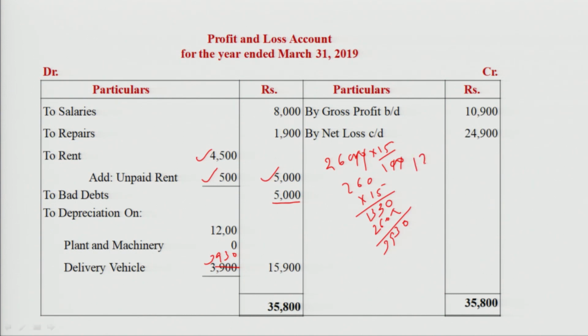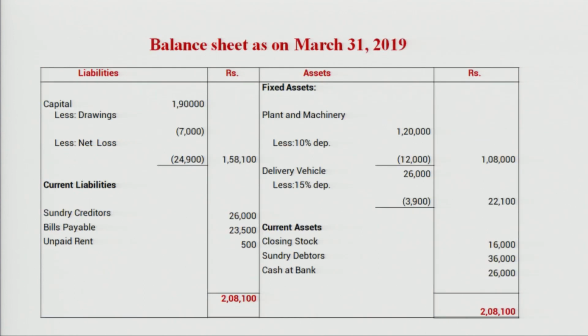So, 10% of 12,000 is 1200. When we add both, oh, I am sorry, this amount has just moved downward.